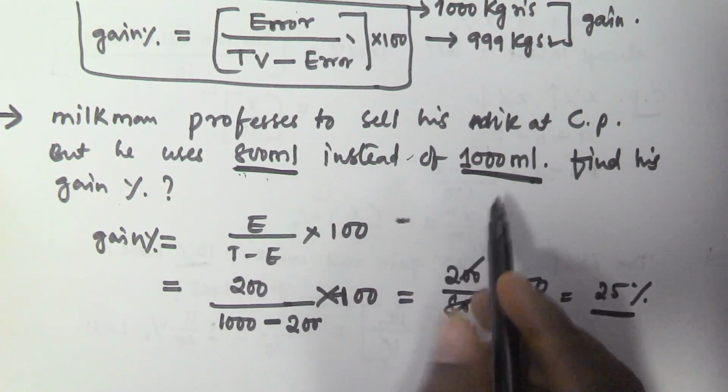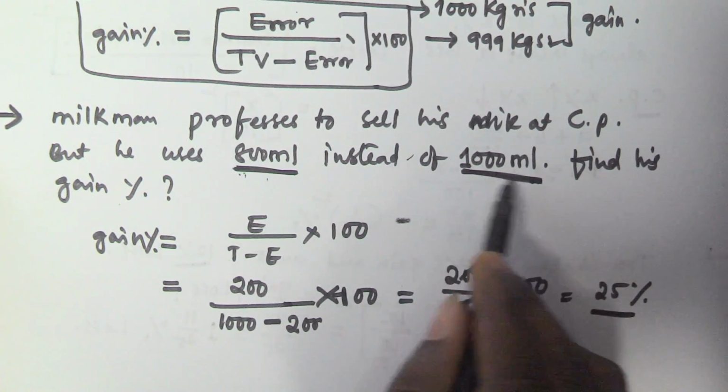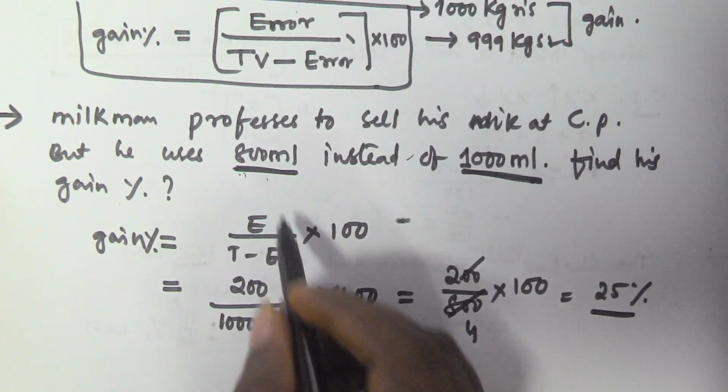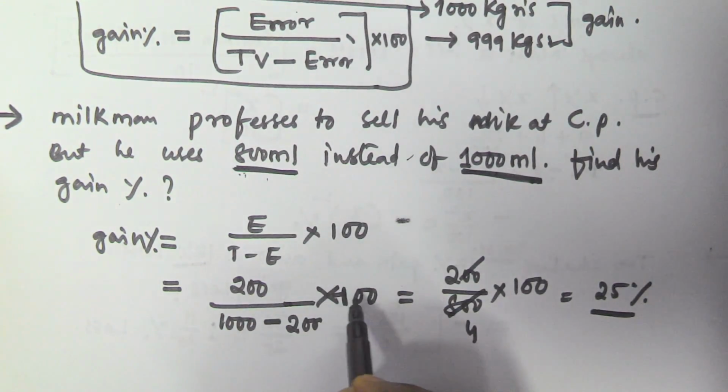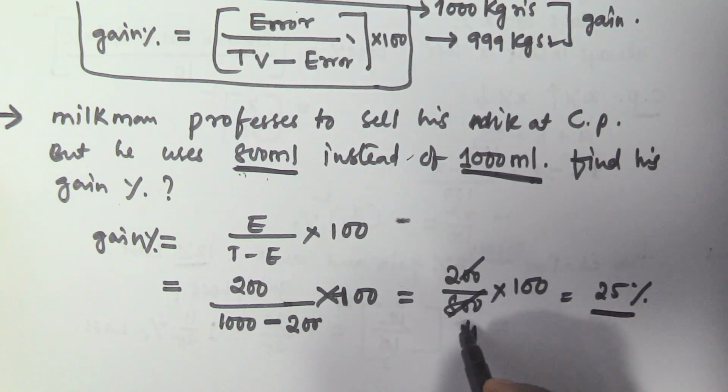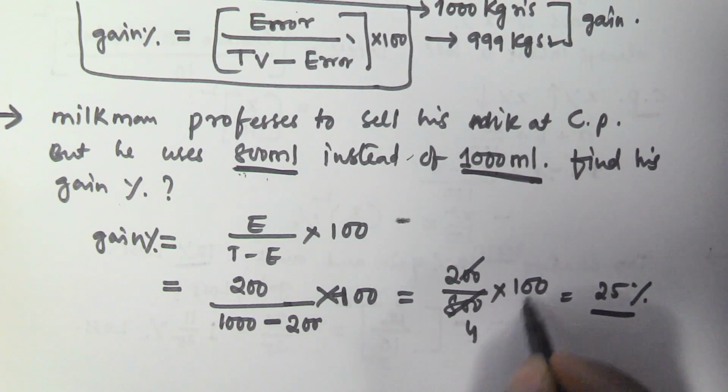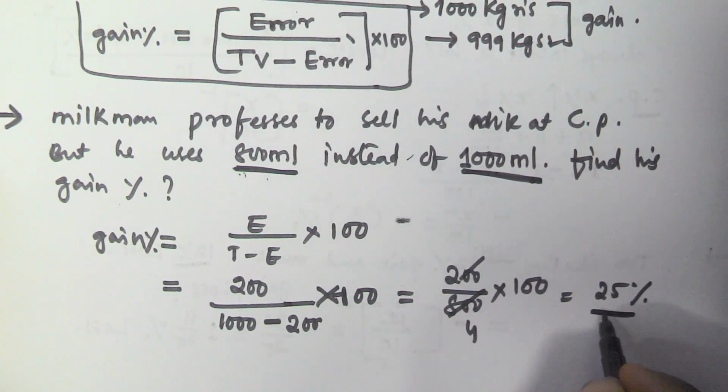The true value is 1000, minus error 200, which is 800, into 100. So 200 by 800 into 100 is 100 by 4, which is 25 percent. So he is going to get 25 percent.